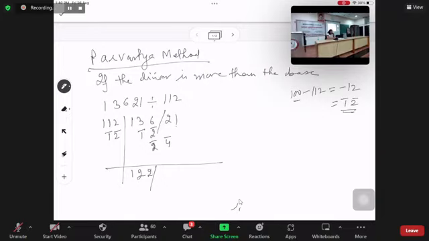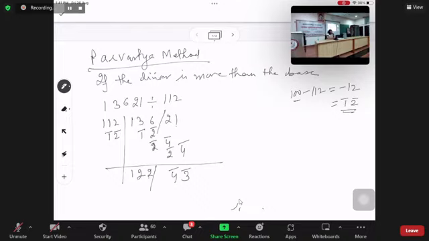Again, 2 into 2, 2 into 1 is 2 bar, 2 into 2 is 4 bar. Now, 1 minus 4 is 3 bar. 4 bar, 2 bar is 6 bar. 4 bar. Very good. 4 bar.